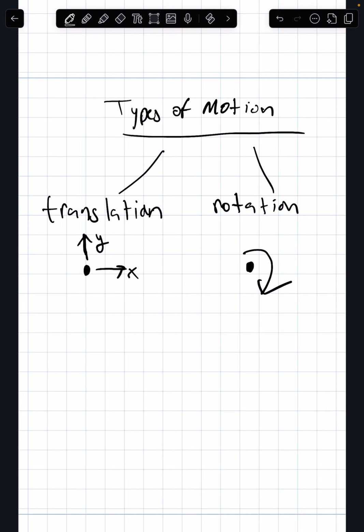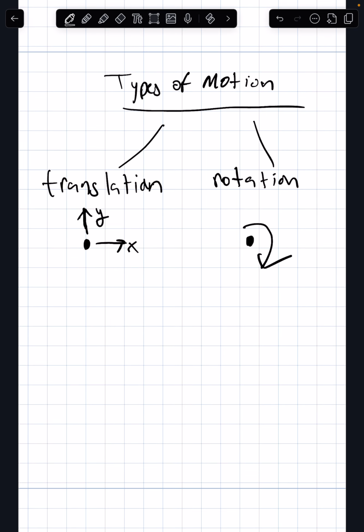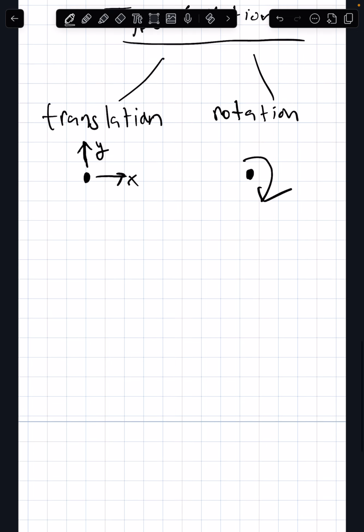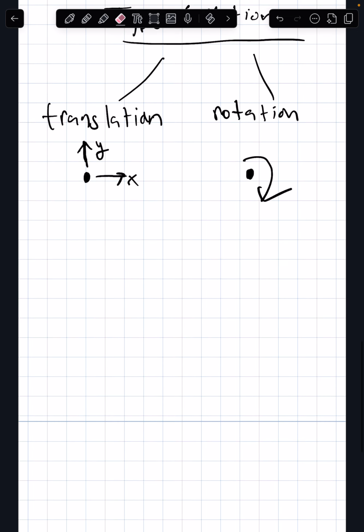And all we're trying to do in statics, since the word statics means it's not moving, is have the sum of the forces in the x direction be equal to 0, and the sum of the forces in the y direction equal to 0 as well.